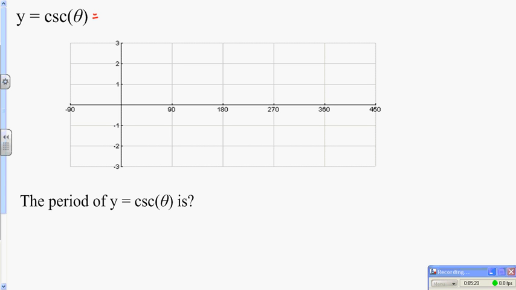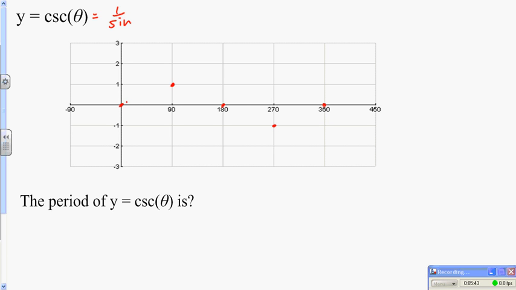Cosecant is the reciprocal of sine, or cosecant is 1 over sine. So graphing cosecant, we will follow the same steps, and that is sketch out what sine is. These are just the main points for sine.